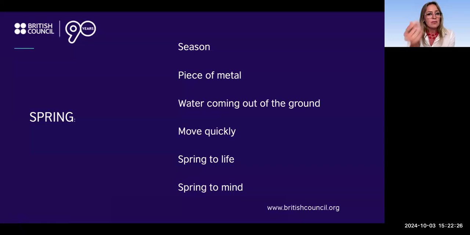It can be water popping out of the ground. It can be a verb, to spring, to move quickly. And we also find it in idiomatic expressions like spring to life or spring to mind. Again, we see different meanings all associated with one single word.